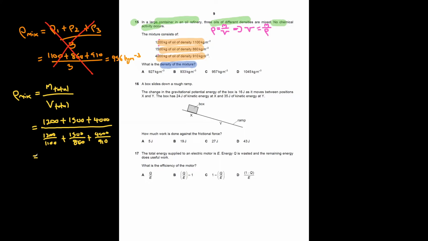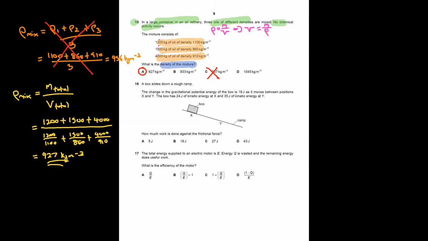So from here, your density value ought to be 927 kg per meter cube. This one is if you calculate it out. So your answer should have been A. Okay, it will not be C. All right, so that is for this particular question.